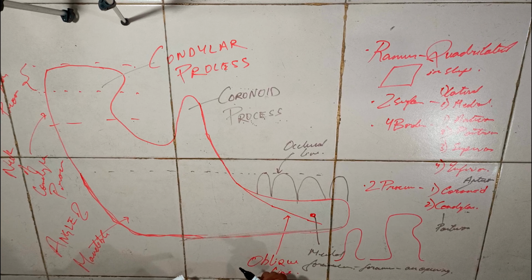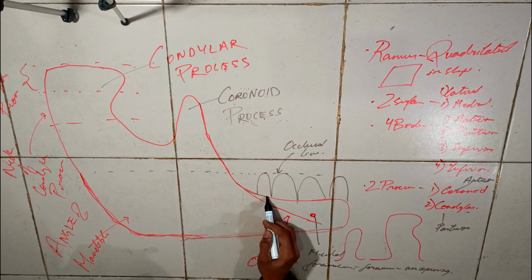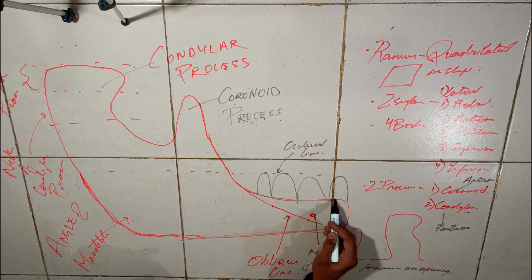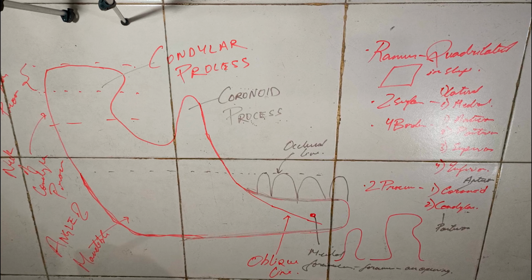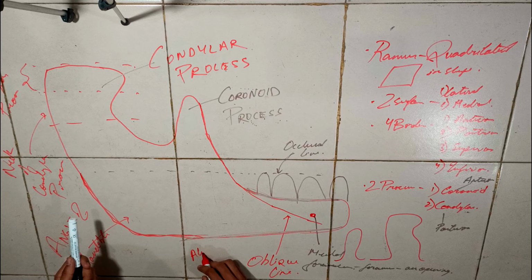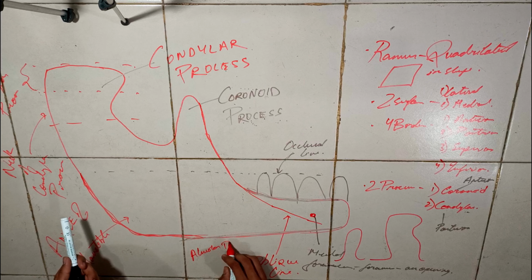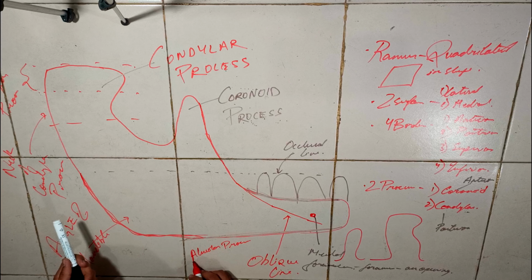Okay. Now, this superior portion of the body of mandible is known as the alveolar process. Alveolar, why? Alveolar always means teeth bearing.